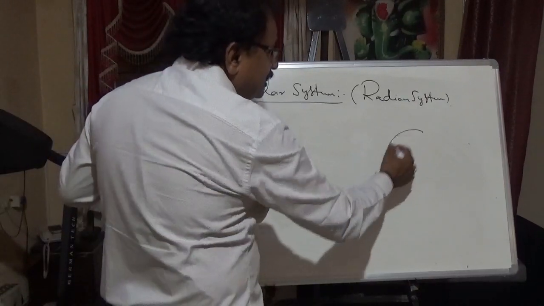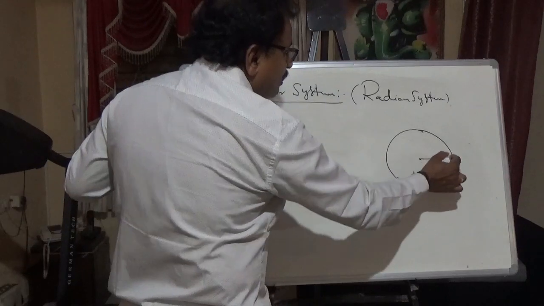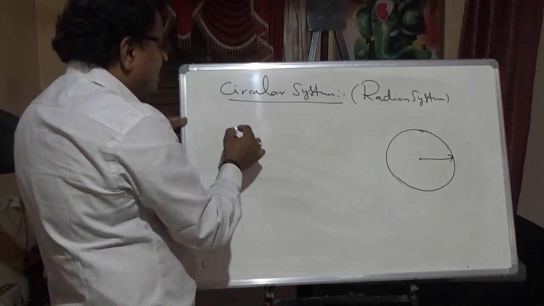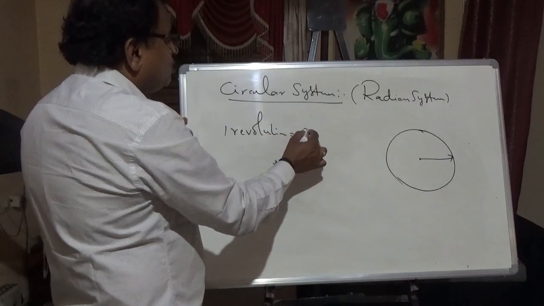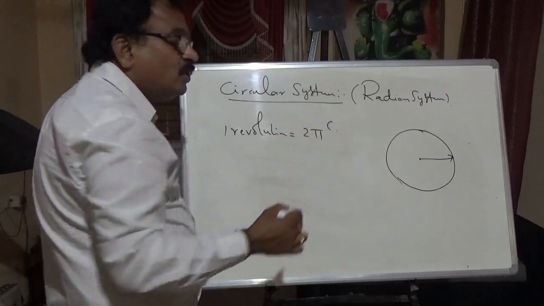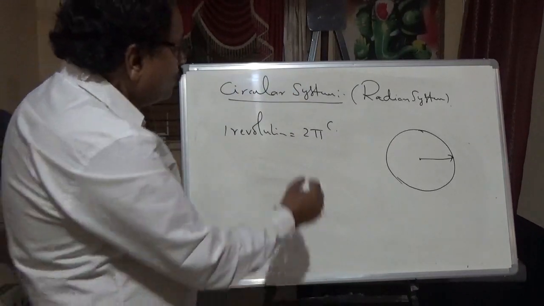Here same, the ray completes one revolution. So one revolution is 2 pi radians. Radian is denoted, and if we keep the power C, that is called radians. 2 pi radians.